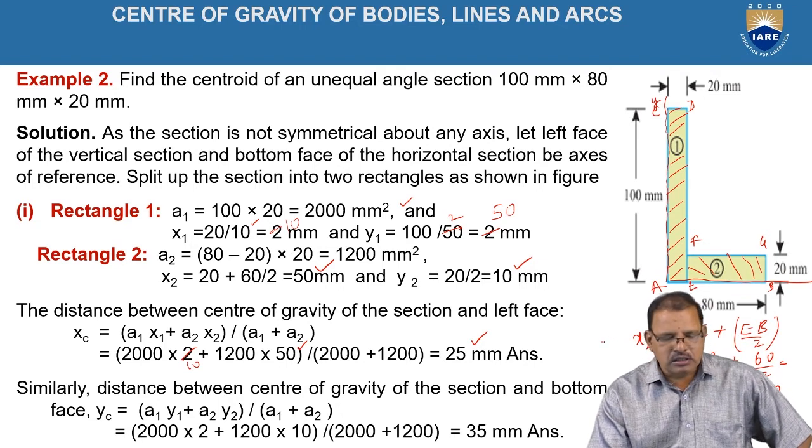Similarly, the distance of the center of gravity of the section from the bottom, that is the y coordinate, is A1 y1 plus A2 y2 divided by A1 plus A2.